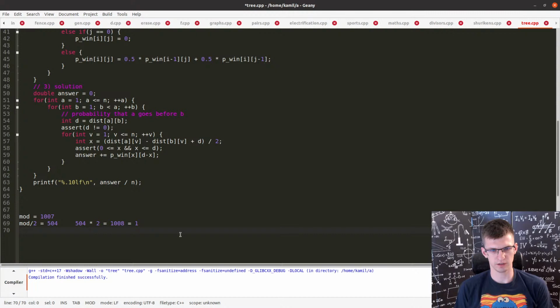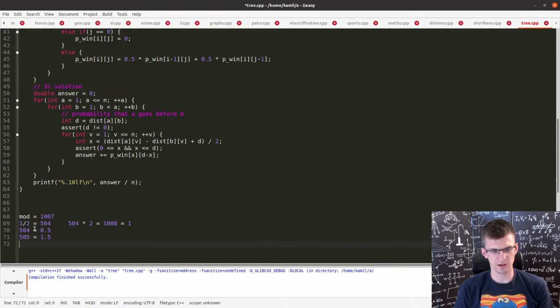No, this is not modulo over 2, 1/2, right? Because here if you look at this, you see that 504 is 1 divided by 2, so just half. Okay, so then you know that this is half.